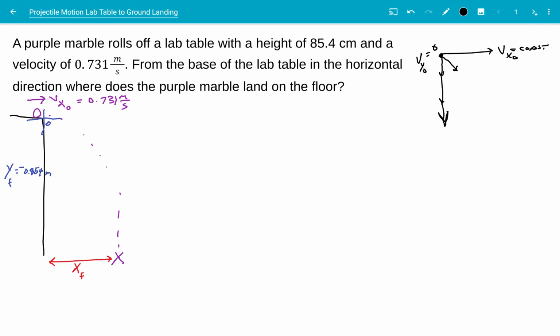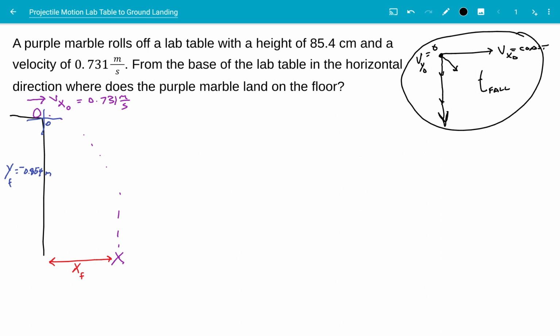Well, here's the deal. All three components share the same falling time. All three vectors, horizontal, vertical, and the tangent vector, will all fall at the same time at any point in the parabolic trajectory.